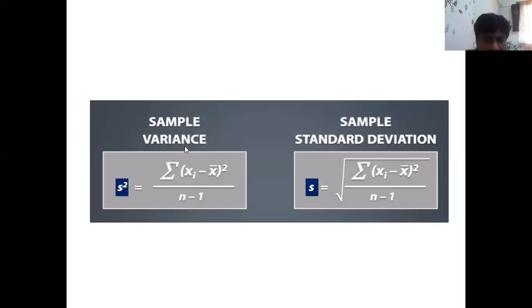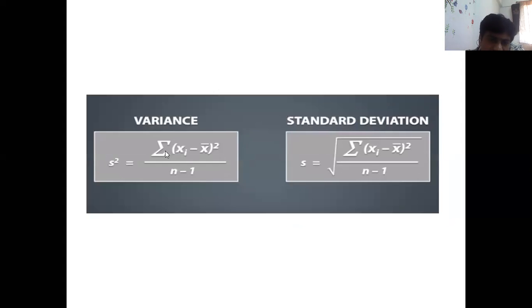So we have the simple variance and the simple standard deviation. The difference between standard deviation and variance is only removing the square root and making it a square.